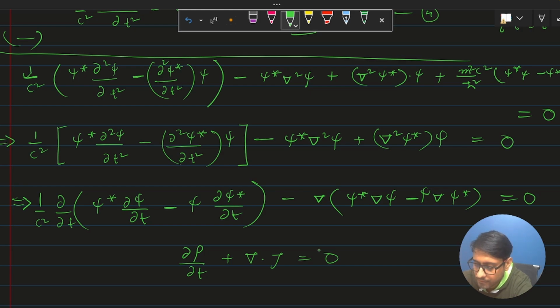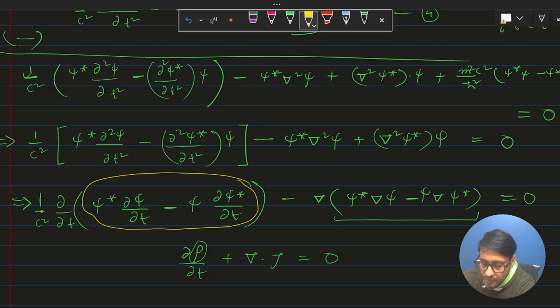So the j term can be the negative of this, and let's see what we have for this rho. For this rho we can have this term, but with 1 by c square included.